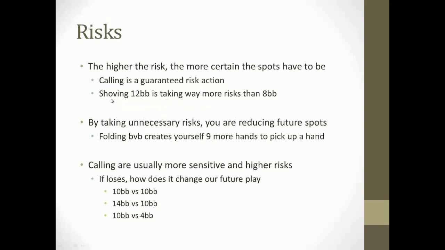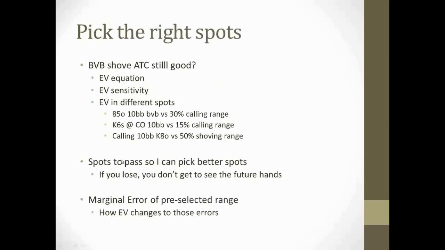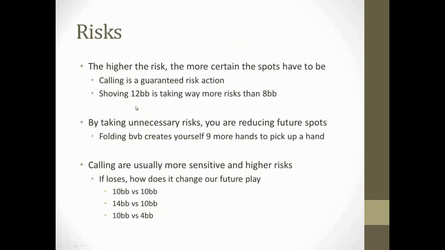And the second one is kind of obvious. Shoving 12 big blinds is taking way more risk than a big blind. So if a player has a sufficient stack, he doesn't really need to shove, because if he shoves 12 big blinds, just like the last slide says, if you lose, you don't get to see the future hands. 12 big blinds is usually about an M of 5, so you can see about 30 more hands, and you can pick out a hand in 30 hands and try to double up from there.